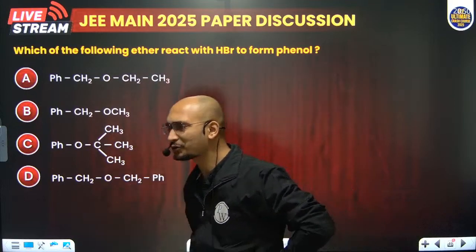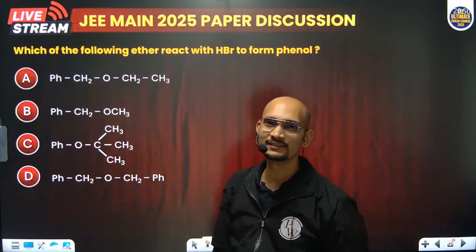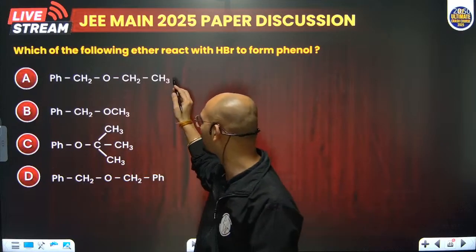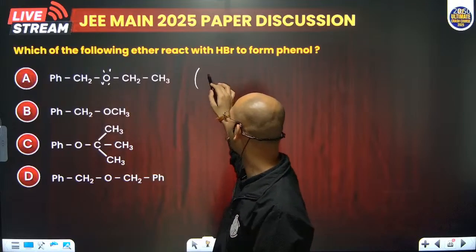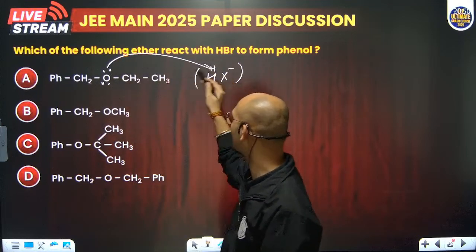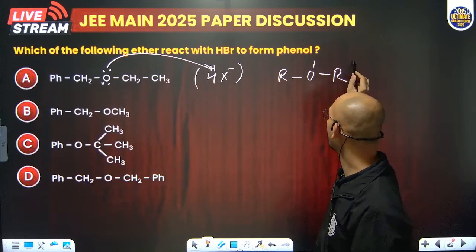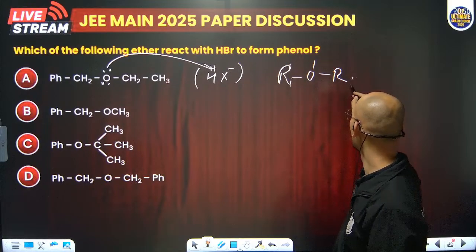First of all, I would like to ask you, in such question, what happens? Ether with HBr reaction. What is this reaction? Either SN1 or SN2. Simply what will be happening? Everyone, you know that oxygen has the lone pair, and once it reacts with HBr, this H ion will be abstracted by this. Let's say R1OR2 is there.